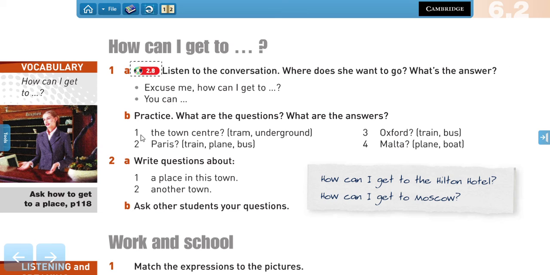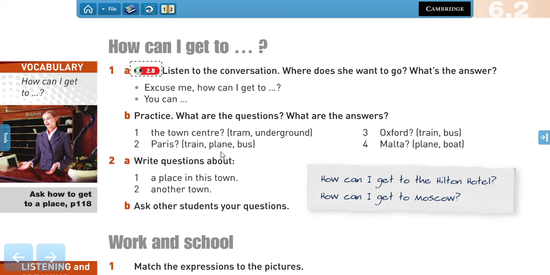So let's see. For number 1, we have, how can I get to the town center? You can go by tram or by underground. How can I get to Paris? You can go by train, plane, or bus. Here we have options, right?